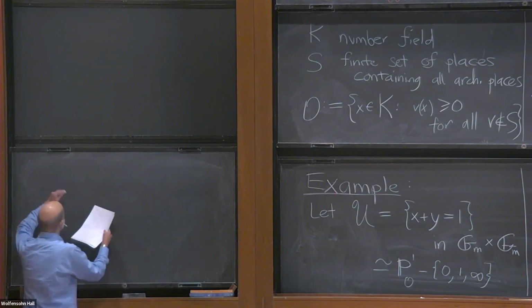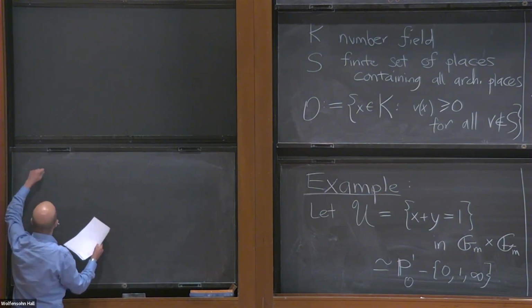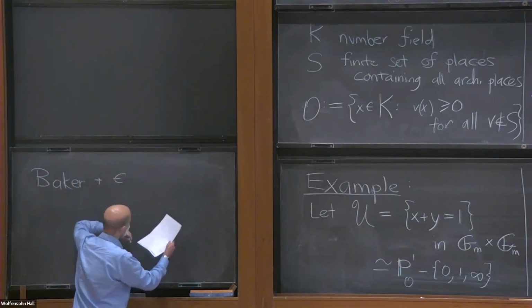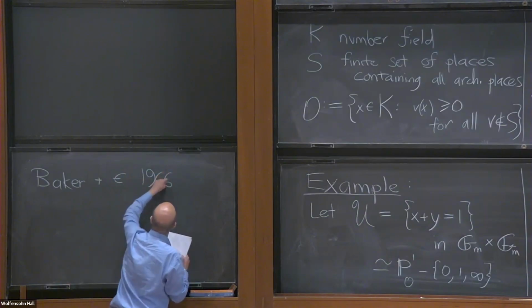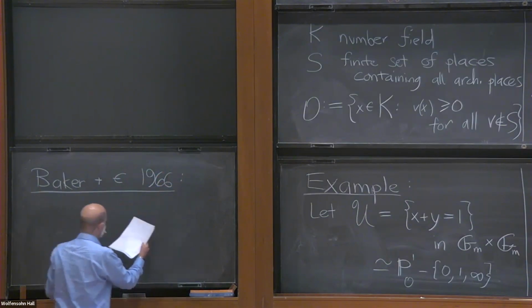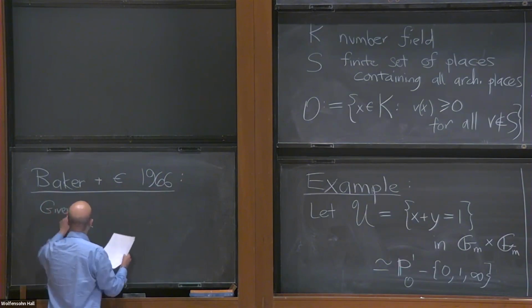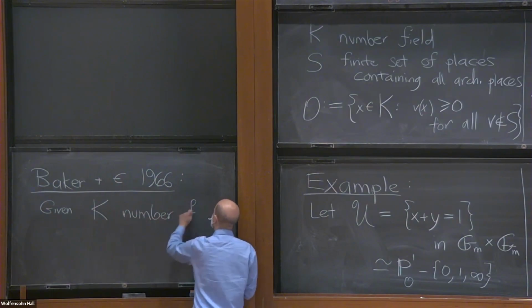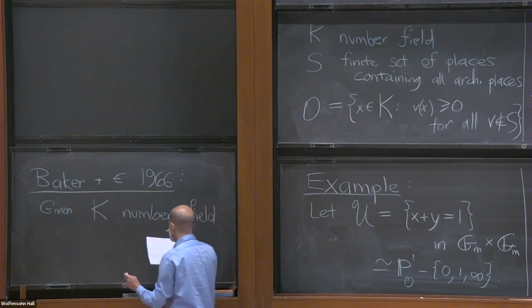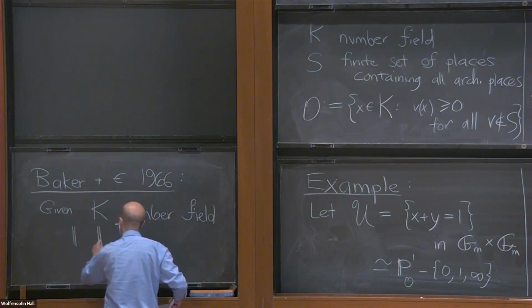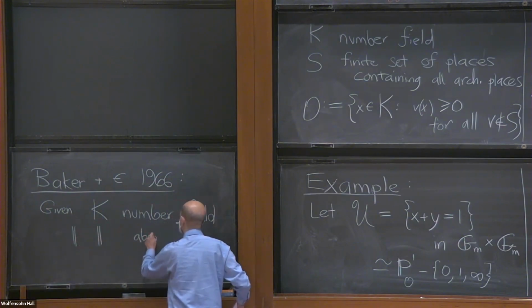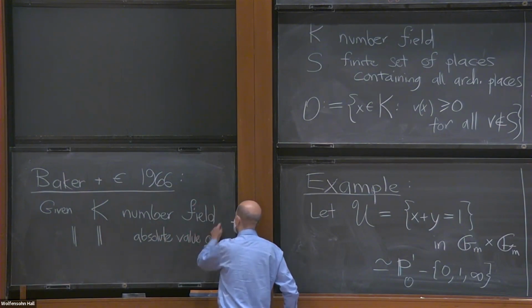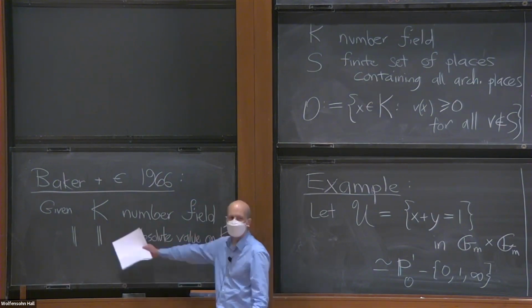So all right, here's the statement. Baker, plus epsilon. I'll explain that in a second. So what did he prove? Here's the data. You start with a number field K, and you have an absolute value on K. It could be one of the complex absolute values, or it could be a p-adic absolute value.